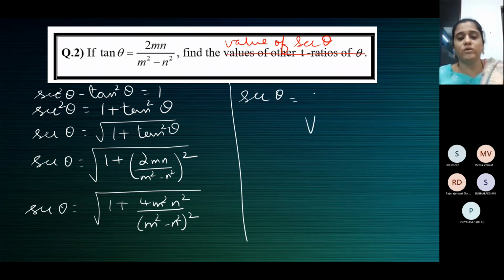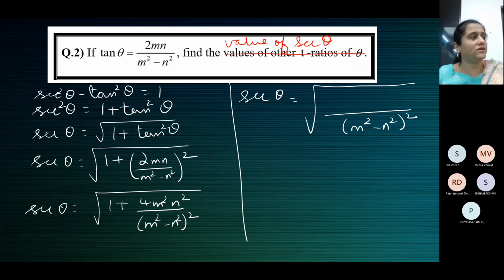What's the LCM? Don't expand that: m square minus n square the whole square. So what will you get here in the numerator?